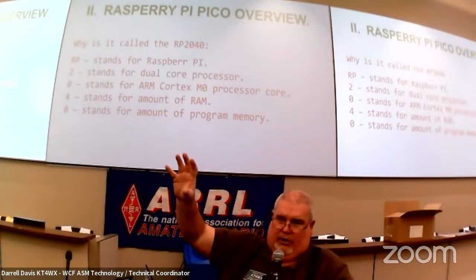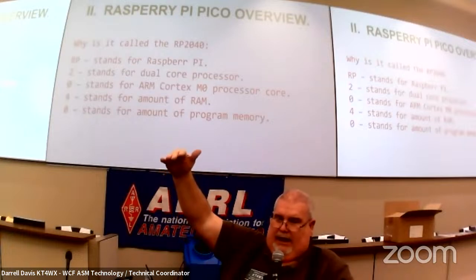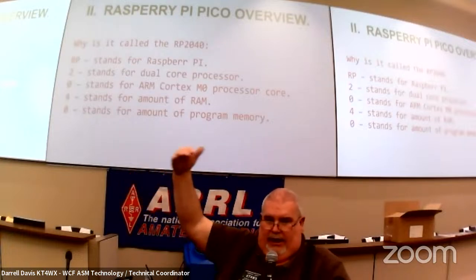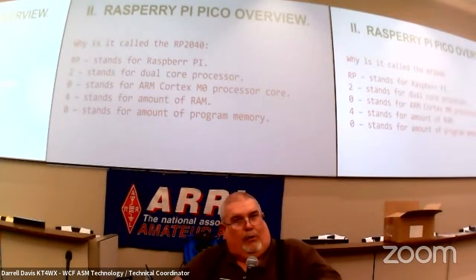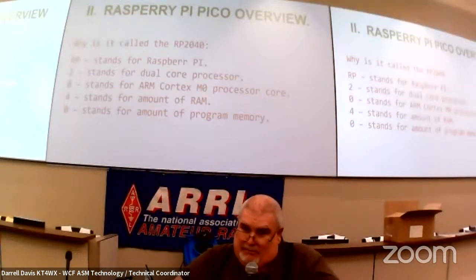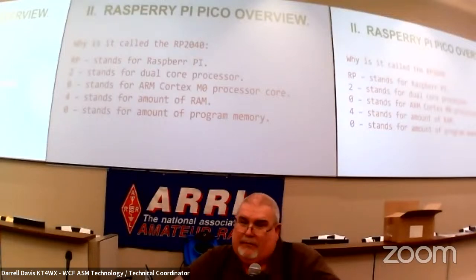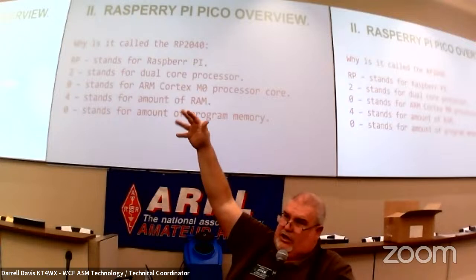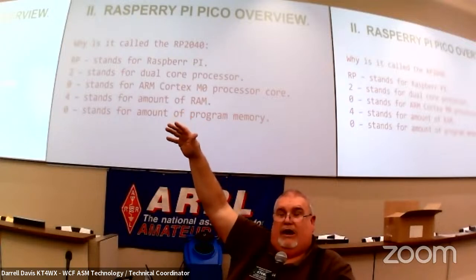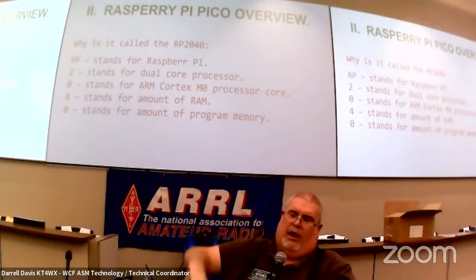In the Cortex series, you have A, M, and R. A is the higher end processors like in smartphones. Smartphones use an ARM Cortex A processor. As a matter of fact, the A76, I think, was used in some smartphones, if I'm not mistaken. I think the A76 is 2.7 gigahertz, something like that.